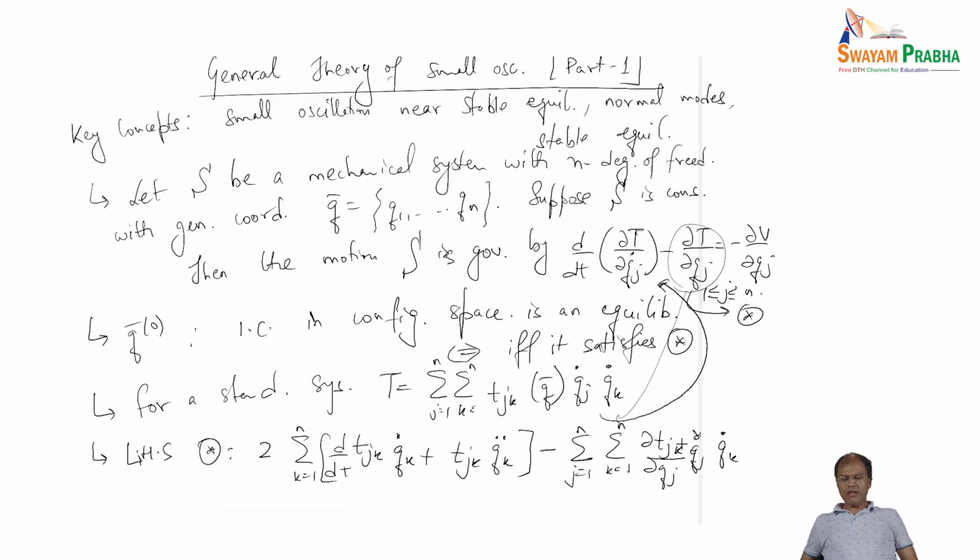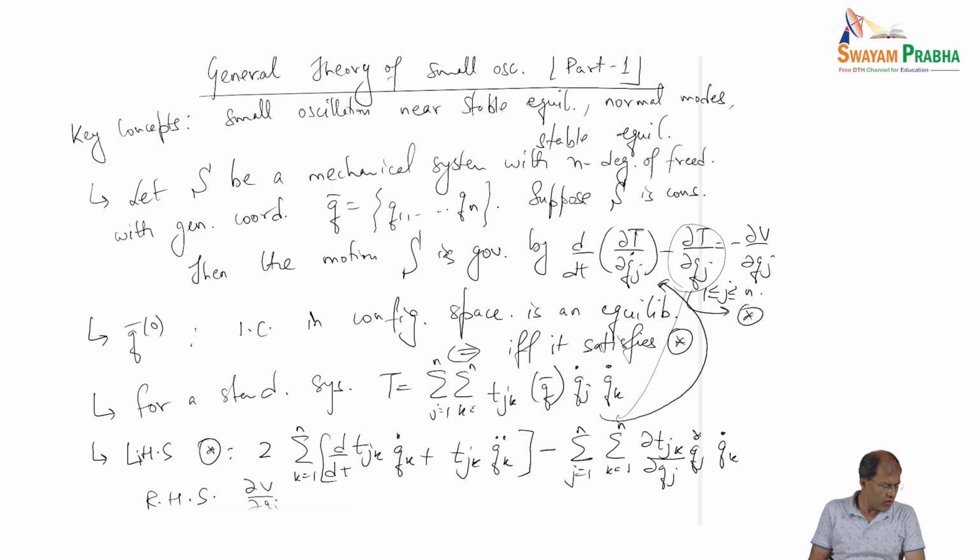So this is what our left hand side is, and the right hand side of our Lagrange equation of motion is minus partial V partial qj.